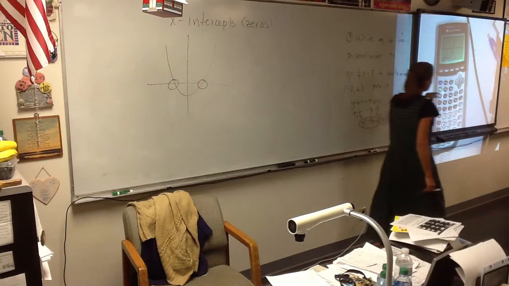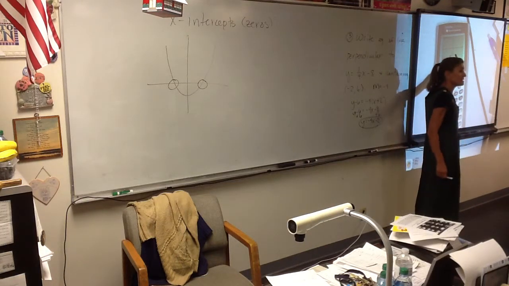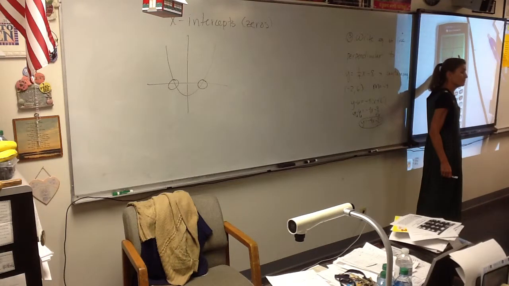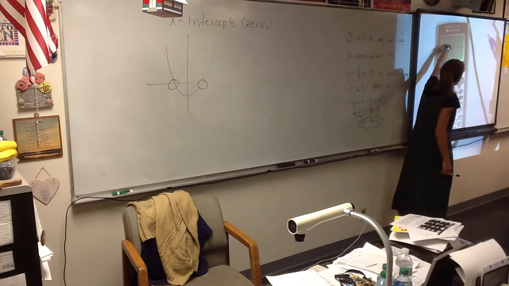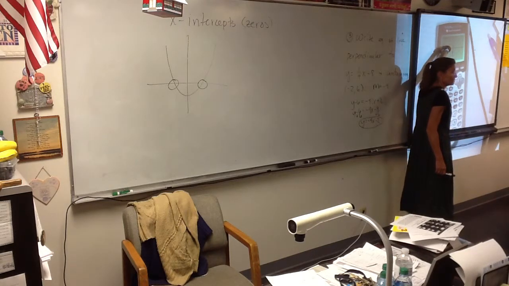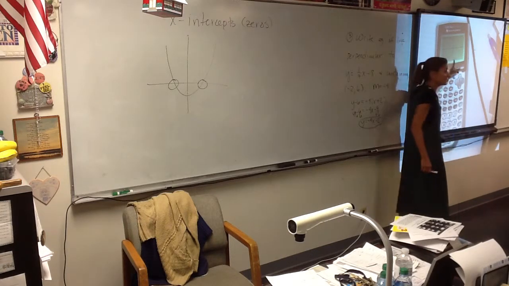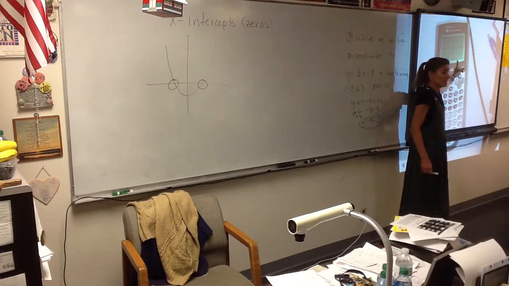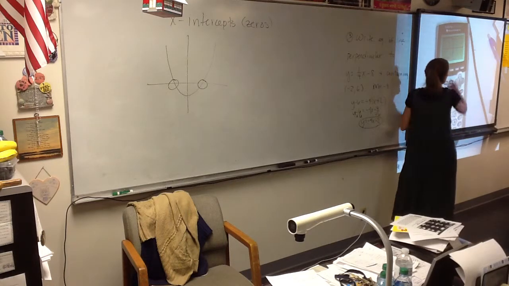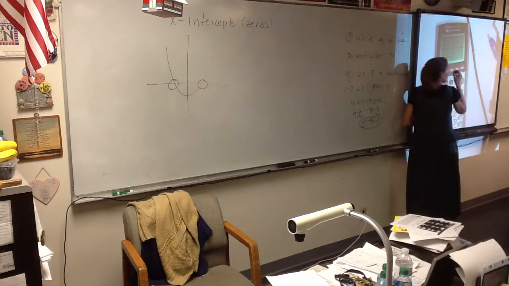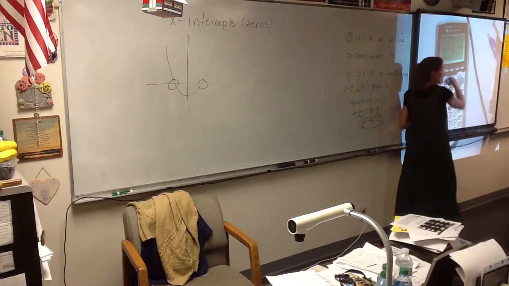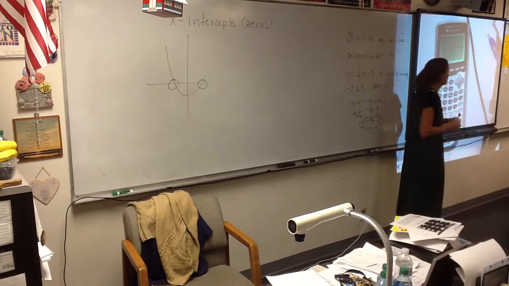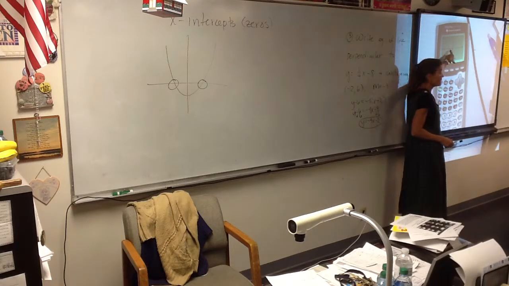Now it brings you back to the graph, and you should see a cursor flashing. Now I am going to find this point first. The calculator is asking me a question. It wants me to place that cursor to the left of the point I'm looking for. So I need to move my cursor over here somewhere.